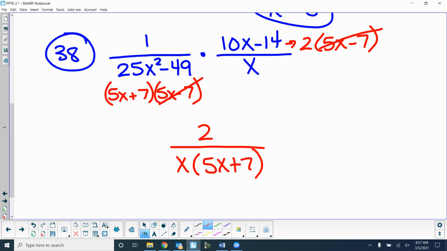There's our answer, number 38. A lot of us get stuck. You know, we're used to seeing just x squared and a minus 1 or 4 or 9 on our difference of squares. A lot of times we don't see a 4x squared or a 25x squared or an 81x squared. Those are still perfect squares, right?